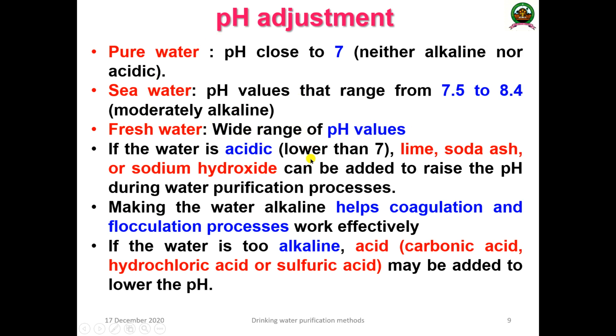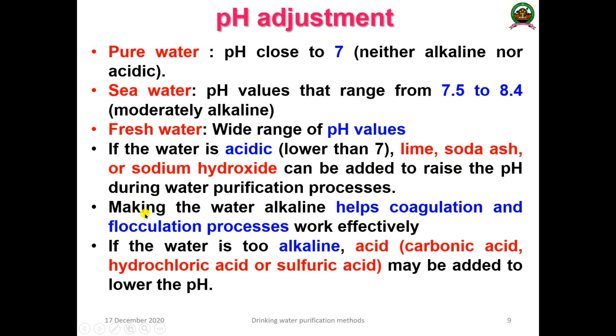If the water is getting waste material from factories, mainly acids, then the pH will decrease. If the water is acidic, that is, the pH is lower than 7, you need to add sodium hydroxide, which is a chemical, or lime or soda ash. Lime or soda ash can be added to increase the pH during the water purification process.